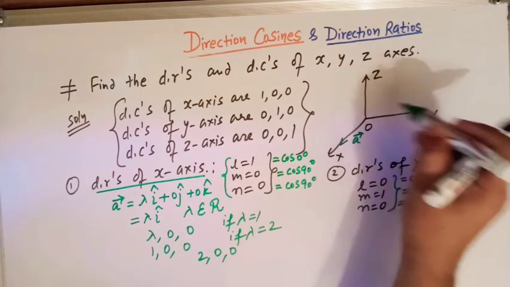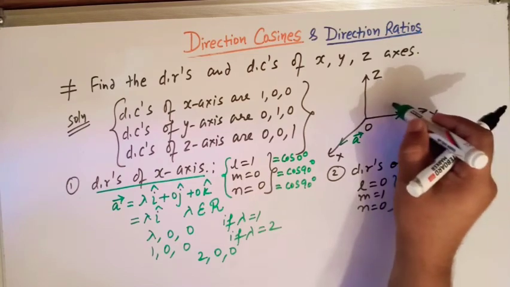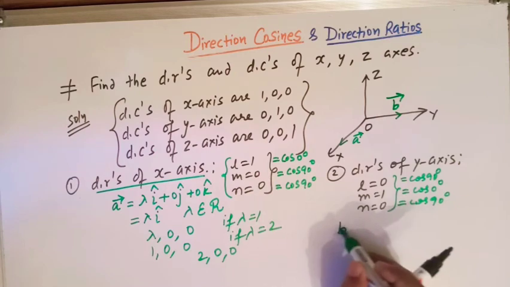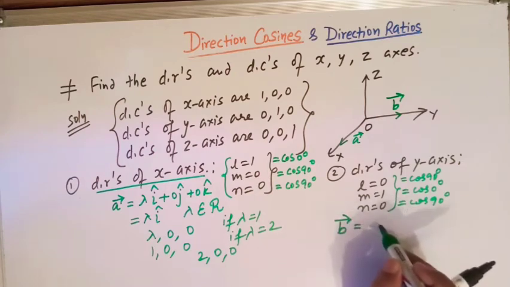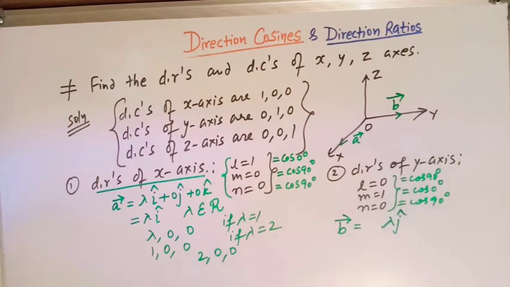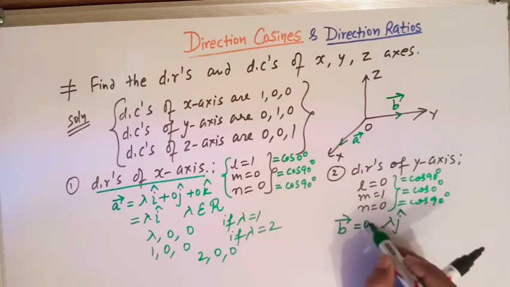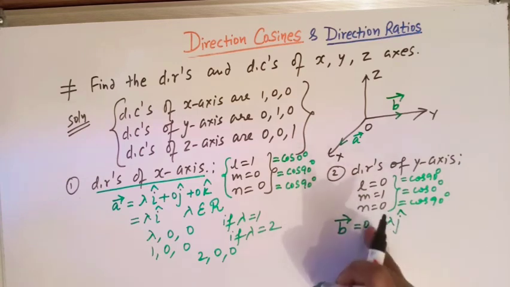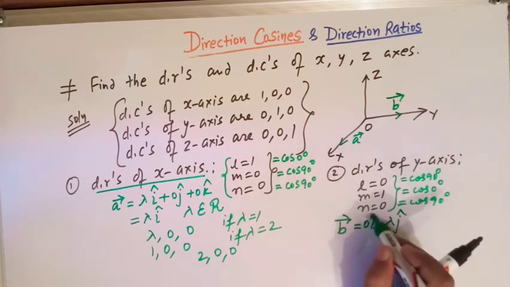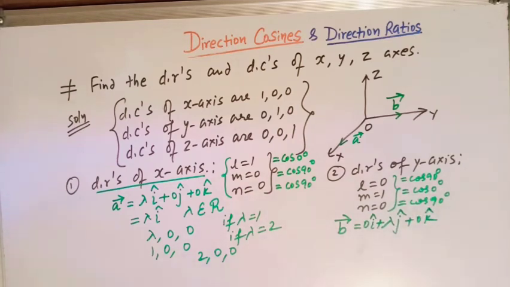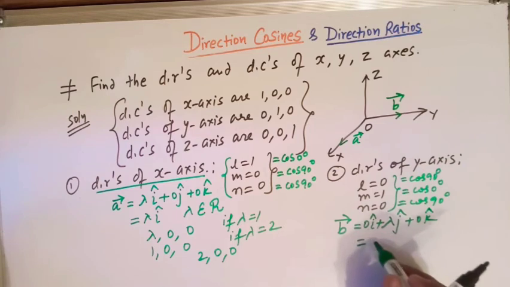If we take any vector along y-axis, say vector b, then vector b can be represented as lambda j cap. Clear? And here we have 0 i cap plus 0 k cap, right? Or we simply write it as lambda j cap.